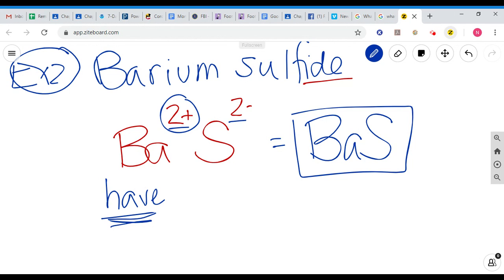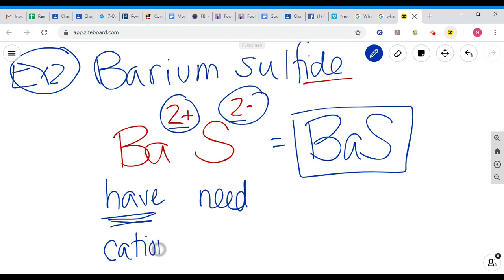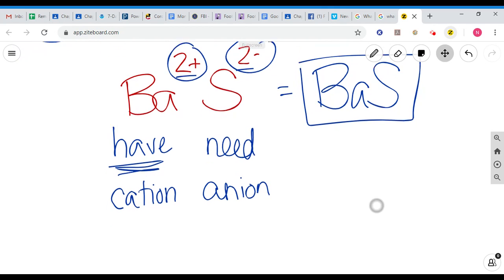It has 2 valence electrons. This one, the charge is written as, what does it need? It needs 2 more. So the first one, our cation, our positive ion, is always going to be written as what it has. The second, our anion, is always going to be written as what it needs. Have, need, have, need.